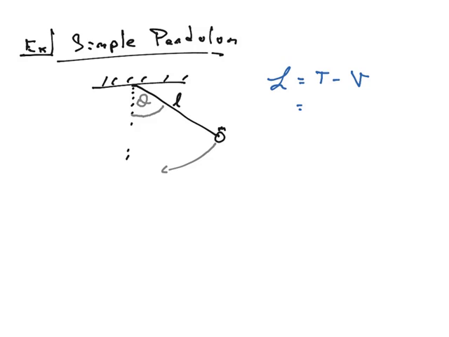Instead of talking about x, y, and z, is there some new coordinate system transformation I can do, where instead of having two equations of motion, one for x and one for y, I can have just a single equation of motion? And indeed I can. That's why I wrote this pendulum is moved by an angle theta, because what I'm going to try to do is solve this problem in polar coordinates.